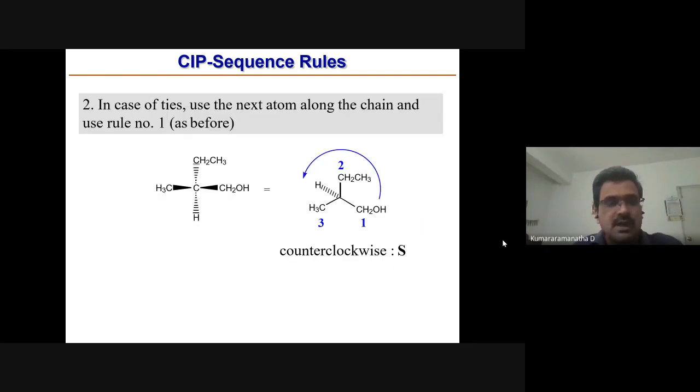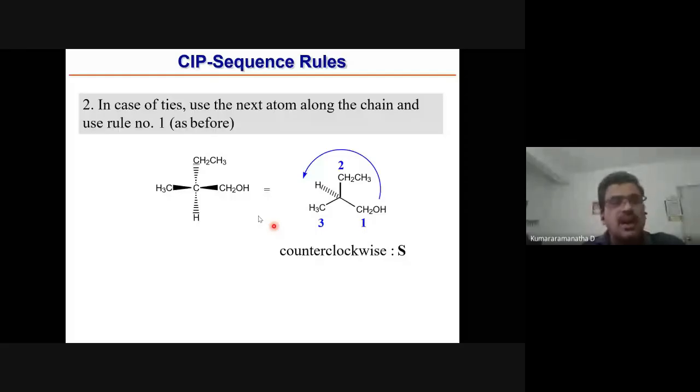Now if there is a tie, you can see here CH, CH2, CH3. So obviously, which one should we take now? We are doubtful. Both have carbon. So if there is carbon, go to the next atom along the chain, and then you apply rule number 1.